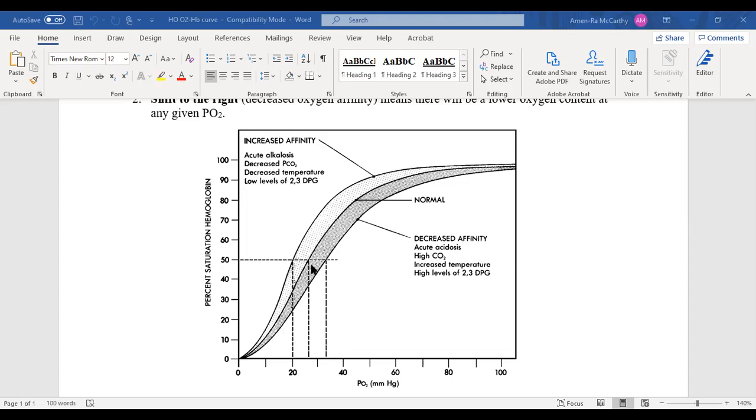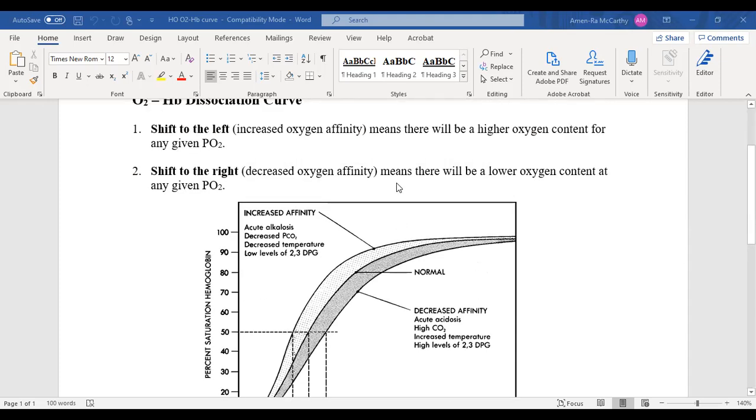So all you need to know about the oxyhemoglobin curve, guys, is it's a sigmoidal curve and it signifies the love for oxygen at any given point. When this curve right here, look, this is the curve. This is the normal point. When it goes over this way to the left, a shift to the left loves oxygen.